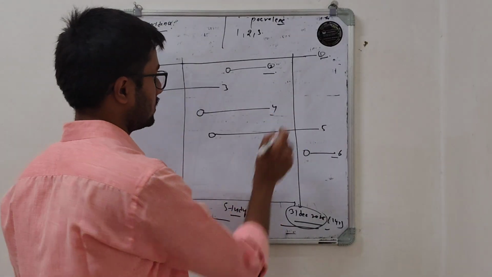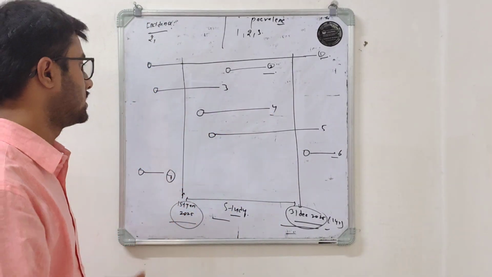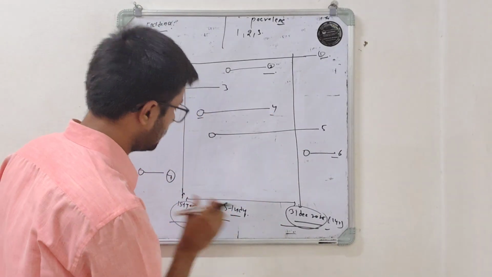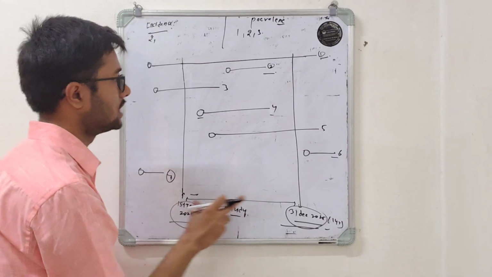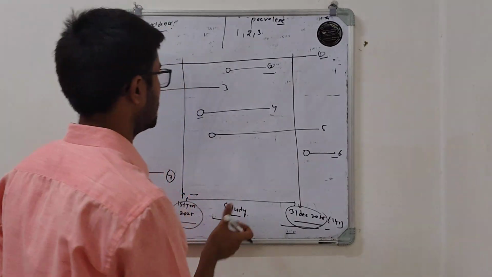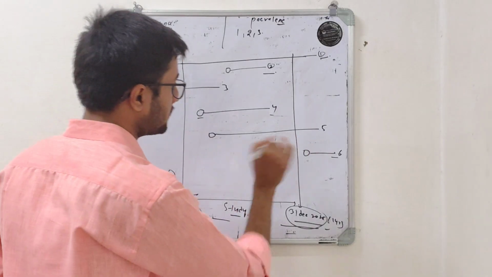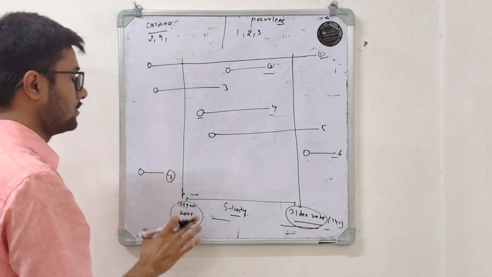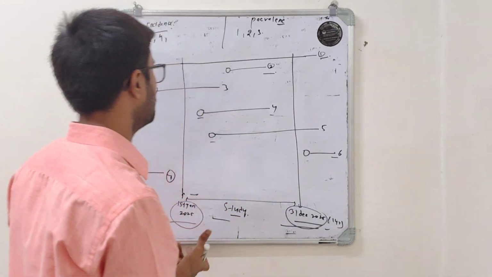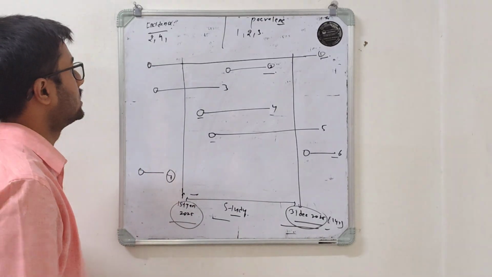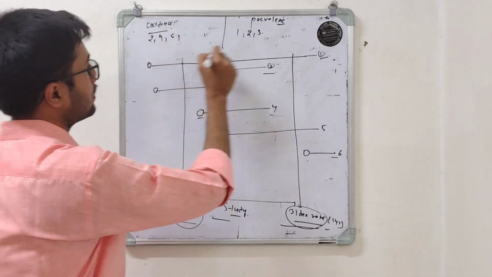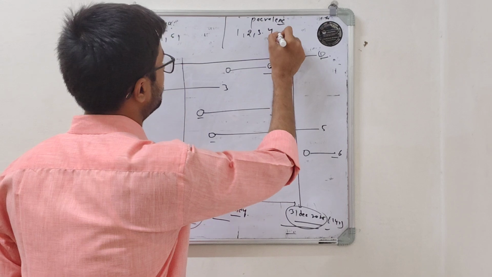What about the fourth? Their disease began during the study period, so we put 4 under the incidence criteria. Fifth, their disease again began during the study period, so we put the data here, 4 and 5.